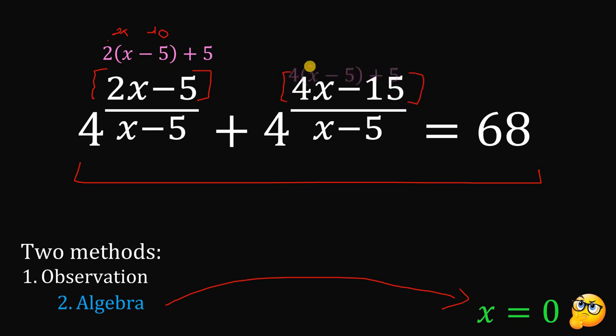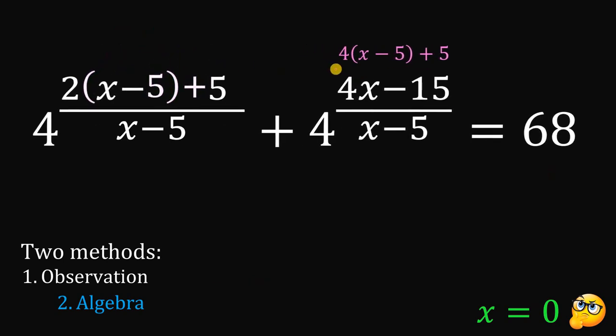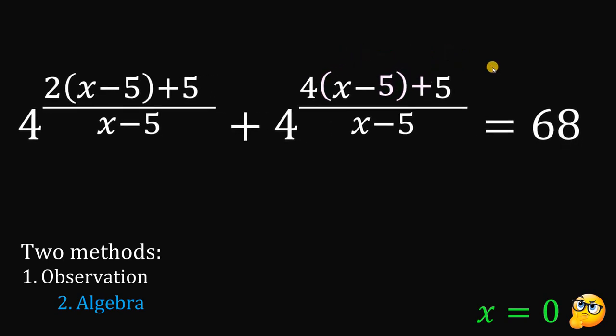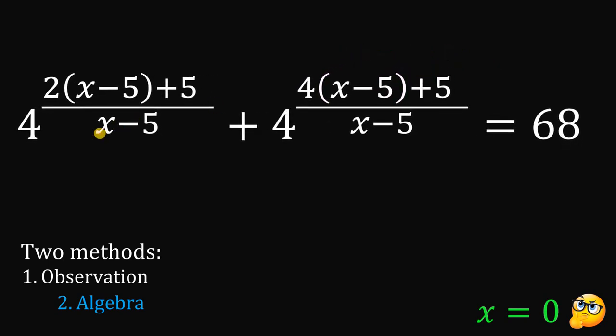This can be written as 4 times (x minus 5) plus 5. So, we can replace 2x minus 5 with this equivalent, and we can replace 4x minus 15 with its equivalent also. Now, the question is why we choose these equivalents? Because we will use the concept of similar fractions.